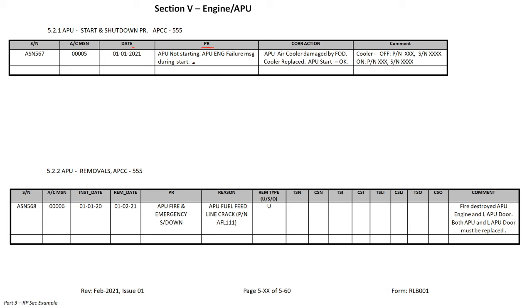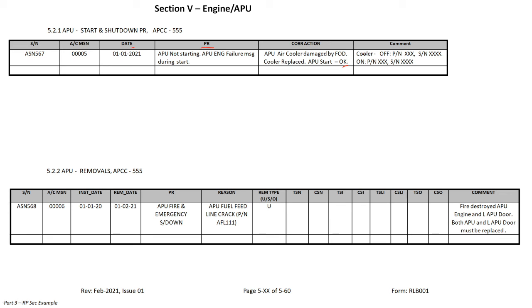We had a problem during start, we couldn't start the APU engine. Corrective actions: APU air cooler damaged by FOD. Not good, so maintenance checked it and found some foreign object damage on the air cooler. Cooler replaced, the system was tested, APU start, everything was okay.